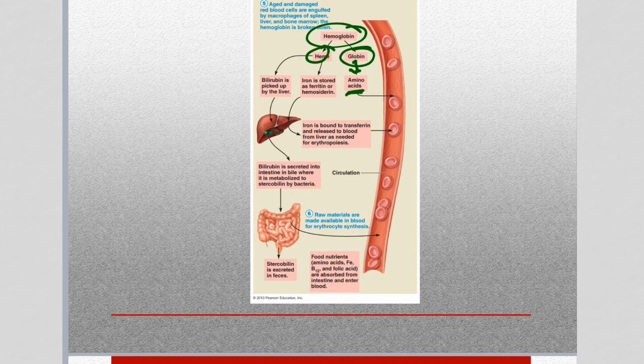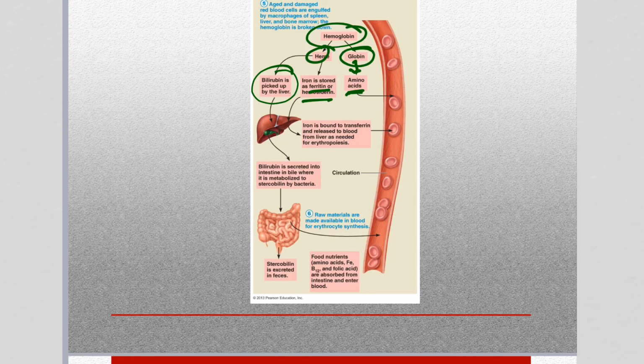The heme group is going to be broken down, and the iron part is going to be salvaged, and it's going to be stored as ferritin or hemosiderin, so it can't just store it as iron, and that's going to be for future use. You also have bilirubin as an end product of this. Bilirubin goes into the small intestine.